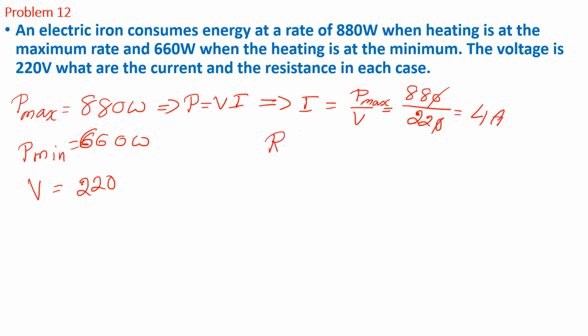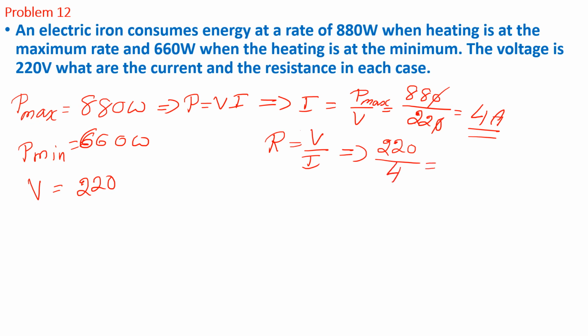So when I is equal to 4 amps, what is the resistance? What is the formula for resistance? V is equal to IR, so R is equal to V by I. V is already given, that is 220 volt, divided by I, which we just got as 4.